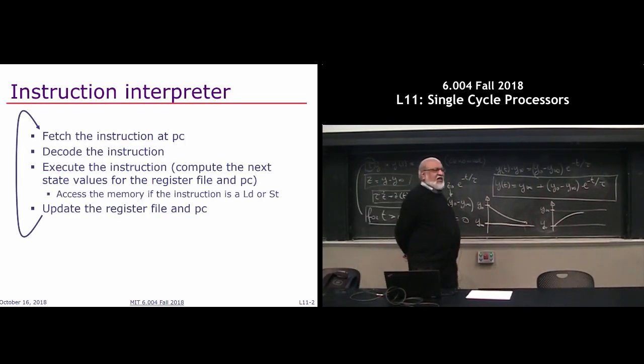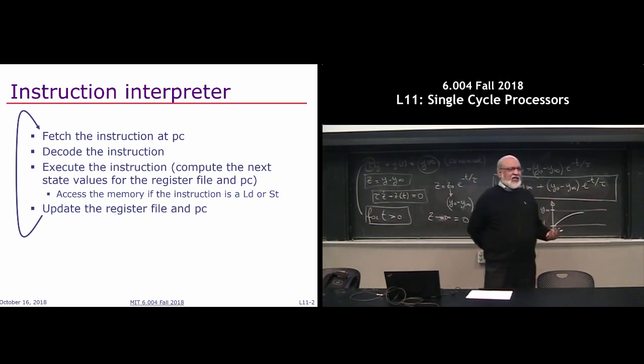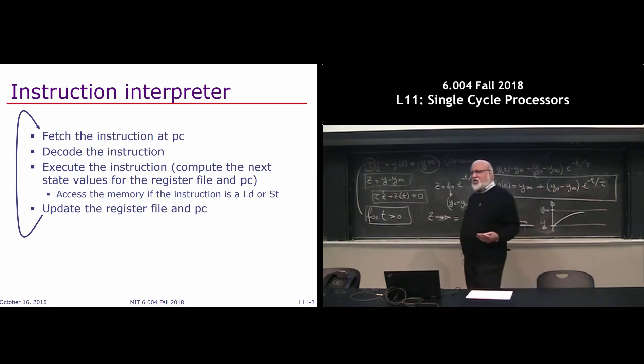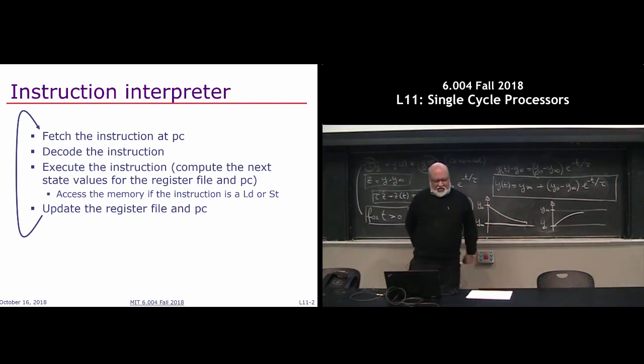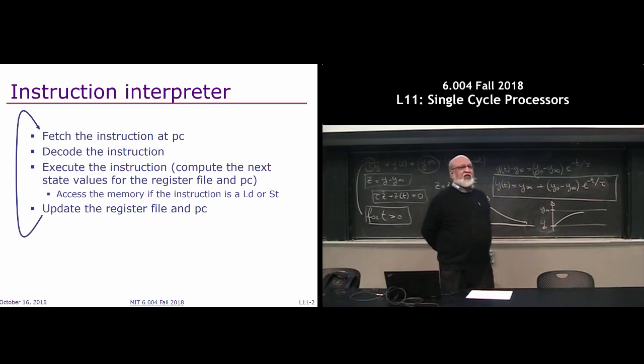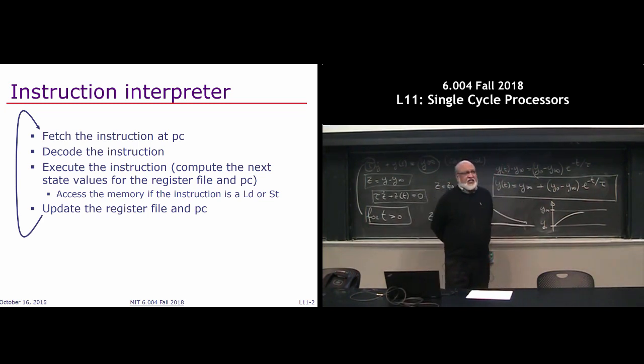So I think this kind of an interpreter should be embedded in your head by now: what does it mean to execute the instructions of a program? The program has a program counter, so you go to that location in the memory and fetch the instruction from there. Then you decode the instruction so that you find out exactly what you're supposed to do with it. And then you execute the instruction.